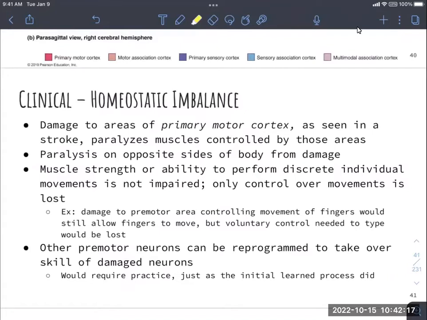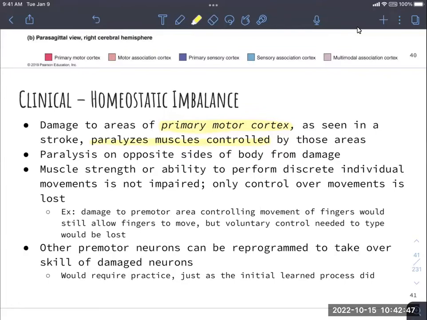So what happens if you have a stroke or some kind of damage to that primary motor cortex? Well, if there's damage to specific areas of that motor cortex, any of the muscles that are controlled by the area damaged becomes paralyzed.